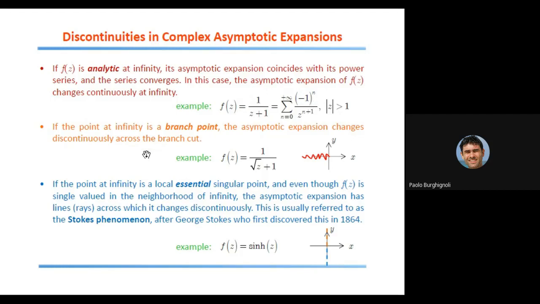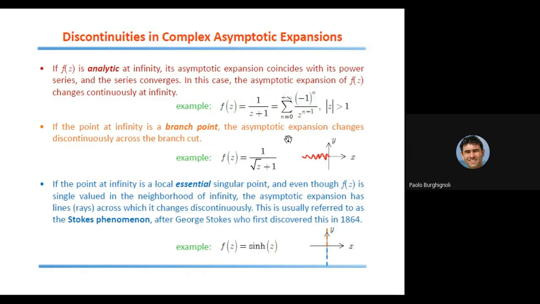In this case, this is the only case in which you have a unique power series representation as an asymptotic expansion. Whereas if your function at infinity, for example, has a branch point, like in the case of a square root function, in this example here, then as we saw in our first lesson, in order to get a single value for our function, we need to cut the plane along a rather arbitrary line that joins the branch points.